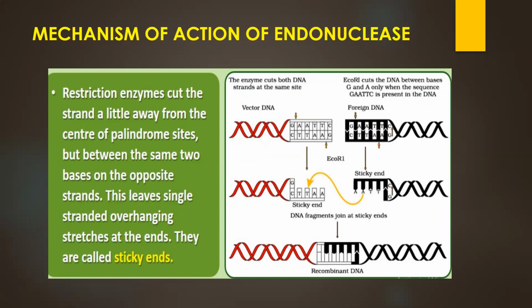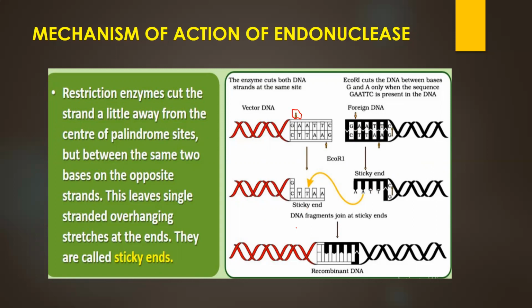Every endonuclease inspects the entire length of the DNA sequence for a palindromic recognition sequence. Like EcoRI will inspect the whole length to find its sequence, that is GAATTC. On finding the palindrome, the endonuclease will bind to the DNA. You can see over here the arrow showing binding to the DNA.